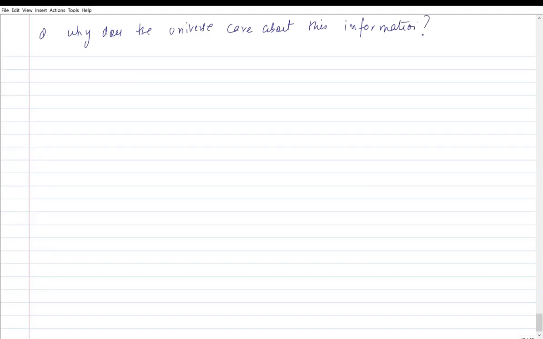Well, this in itself is a fundamental message. At a fundamental level, information might be a fundamental piece of reality as much as matter and energy.